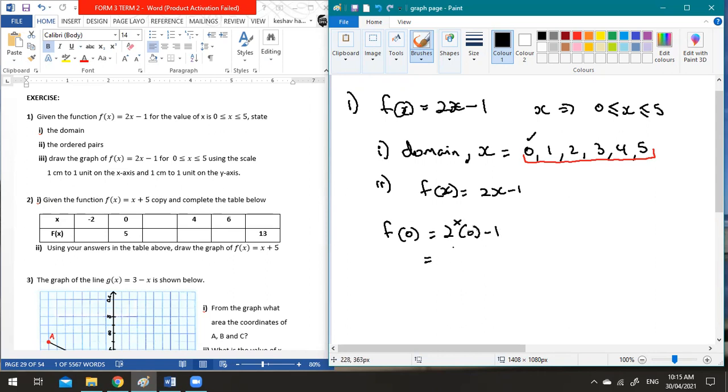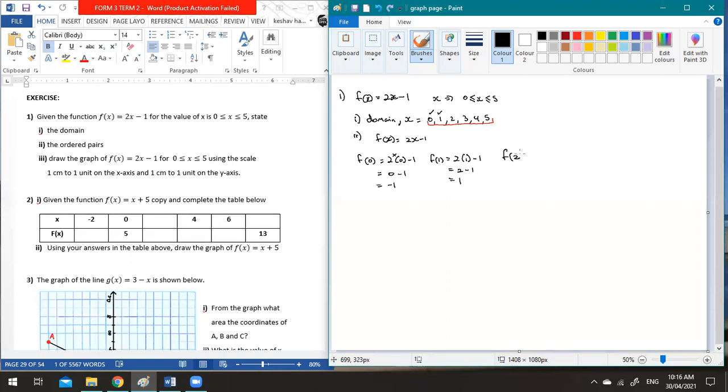And remember to remove the bracket and multiply, right? So 2 by 0 is 0 minus 1, so negative 1. The next number in line is 1, so you're going to put 1 where you see x. So 2 by 1 is 2 minus 1. 2 minus 1 is 1.